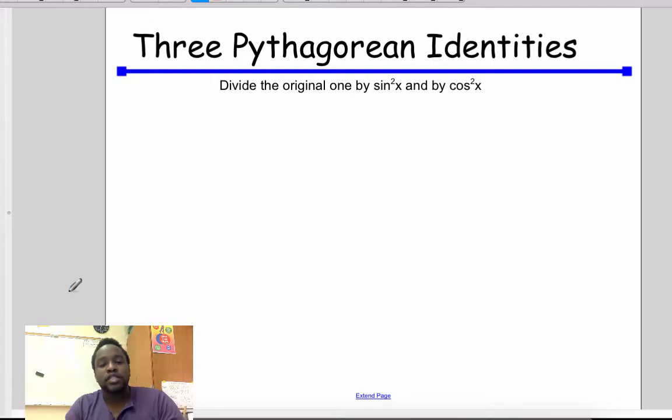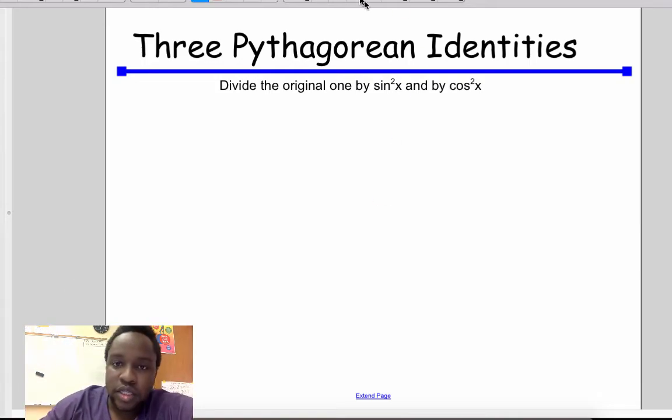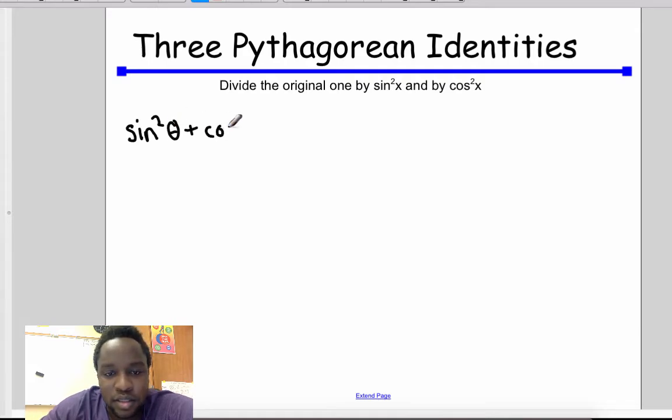So now we're going to find the other, basically 6 Pythagorean identities. The key here is to start with the Pythagorean identities. When I learn the Pythagorean identities, I always put sine first. For whatever reasons, I'm so used to putting sine. So I'm going to put sine squared theta plus cosine squared theta equals 1, but it really doesn't matter which one you put first.